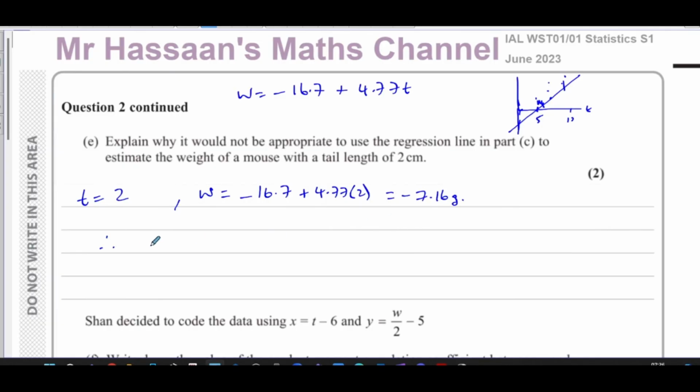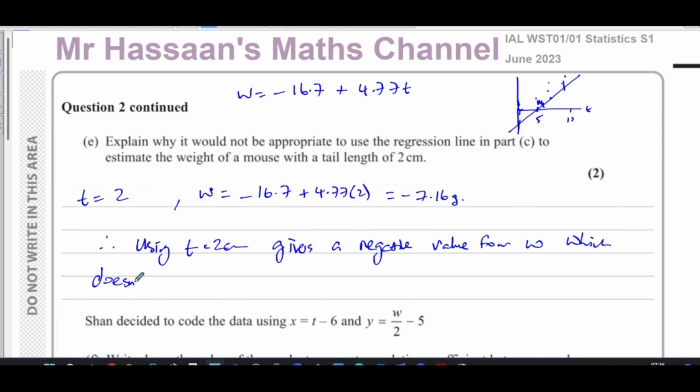So therefore, we can say that using t equals 2 centimeters gives a negative value for W, which doesn't make sense in reality.